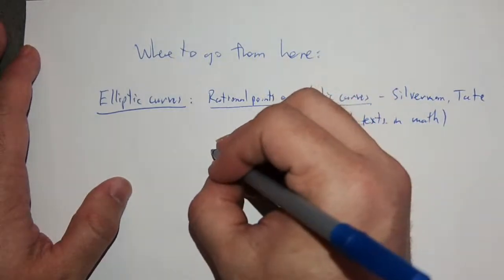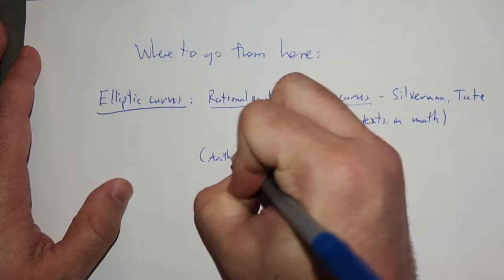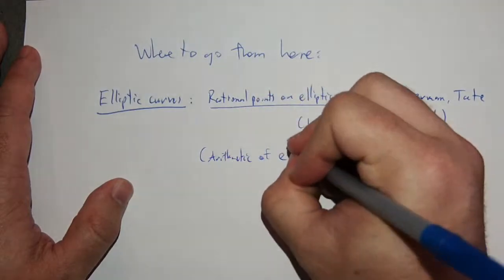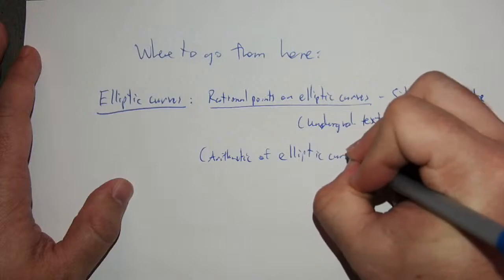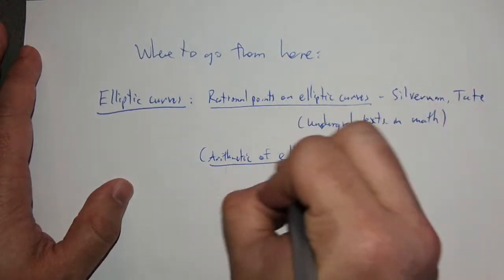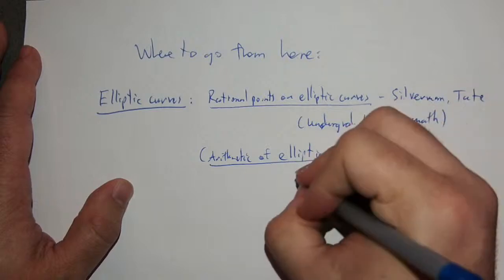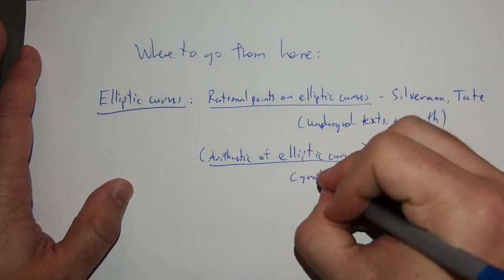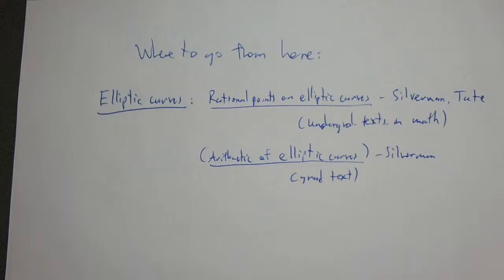So there's a graduate version which is called Arithmetic of Elliptic Curves. I can't remember if it's of or on. This is also by Silverman. So this is a grad text. Okay.